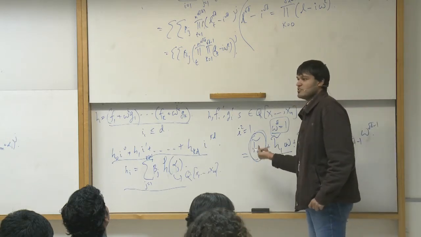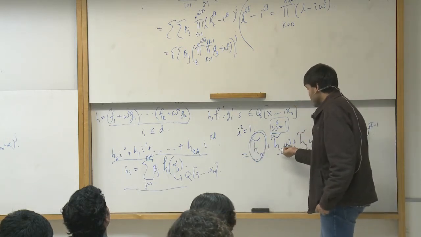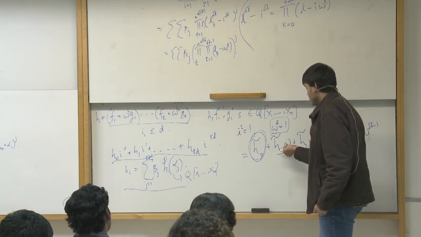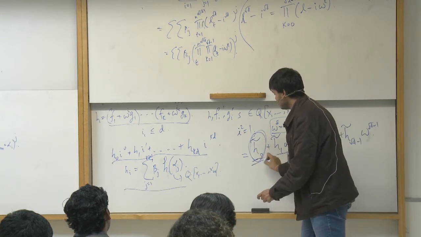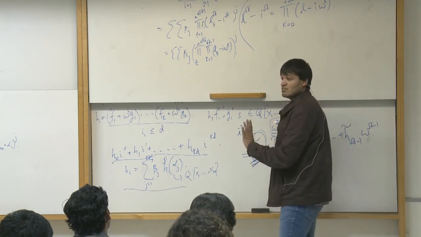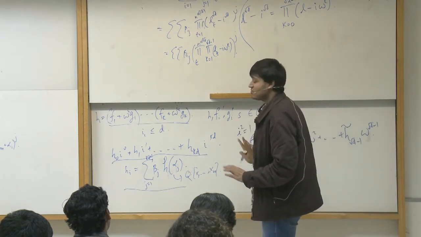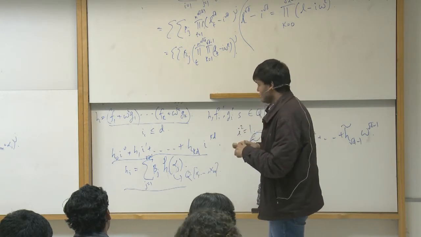And now you compare the rational parts. This is rational and this is multiplied by omega, this by omega square, so there will be no cancellations, and this is the part that you want, the rational part. That's it, it's the same proof, exactly this, nothing else.